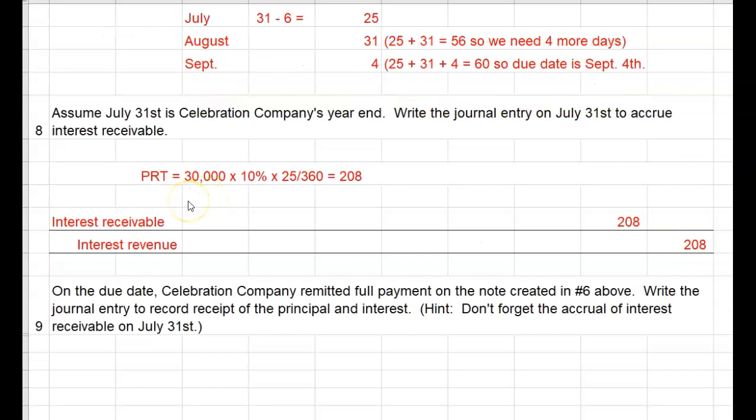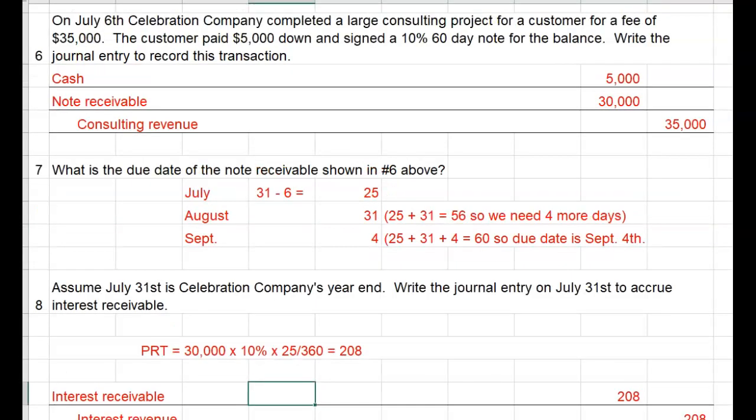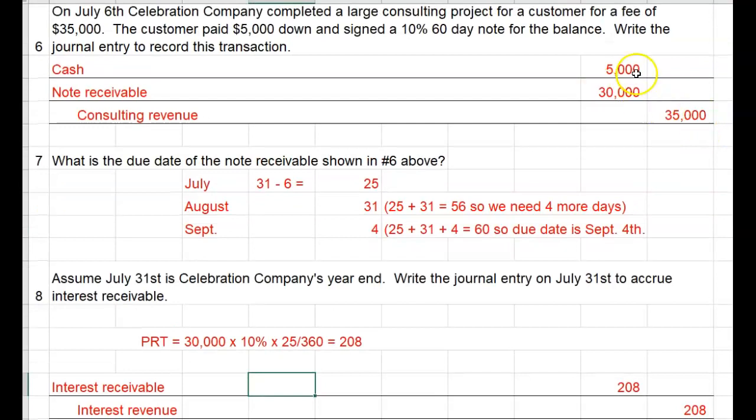Remember from way back in Chapter 3 and also in your study of Chapter 7 that interest is calculated as principal times rate times time, PRT. The principal is $30,000. Yes, we charged the company $35,000, but they gave us cash right away. So the principal amount of the note is $30,000.